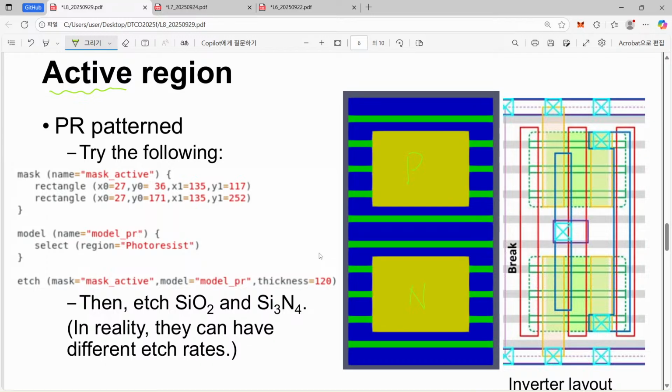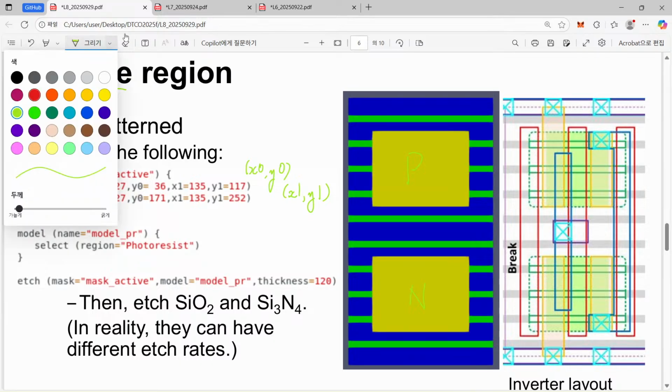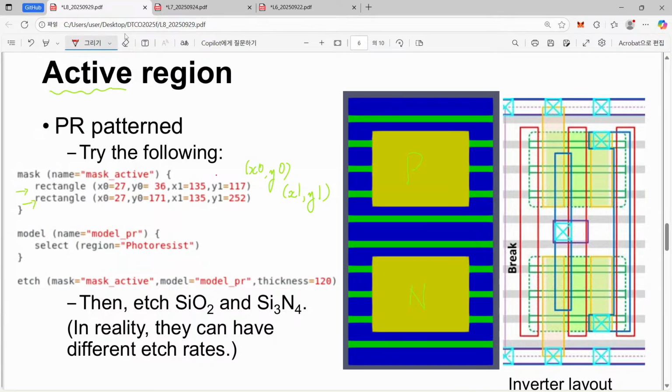So we will introduce two rectangles here, and each has 2 points, x0, y0 and x1, y1, corresponding to 2 points here. So why don't you just point out those numbers?